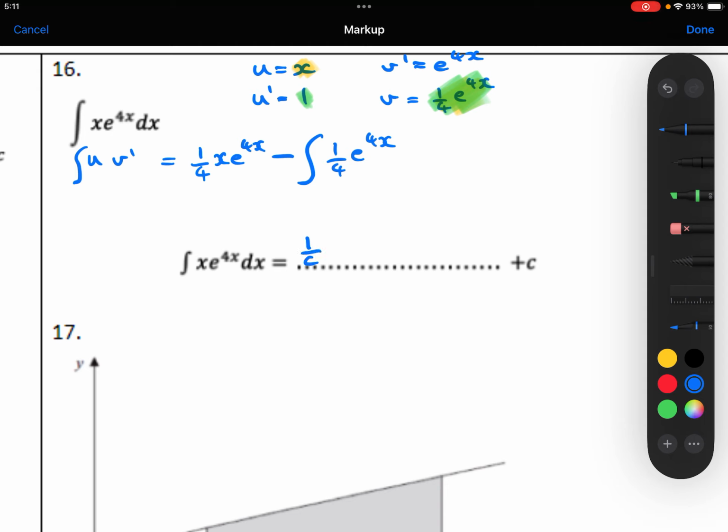So our answer is 1/4 x e to the 4x minus, now integrating the 1/4 e to the 4x will be 1/16 e to the 4x, because the exponential will integrate to be the exponential, and I've divided by 4 because of the reverse chain rule. So the 1/4 became 1/16.